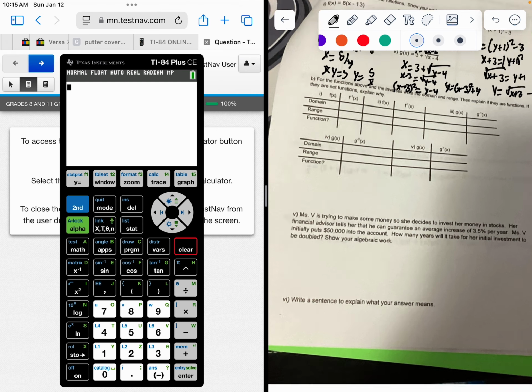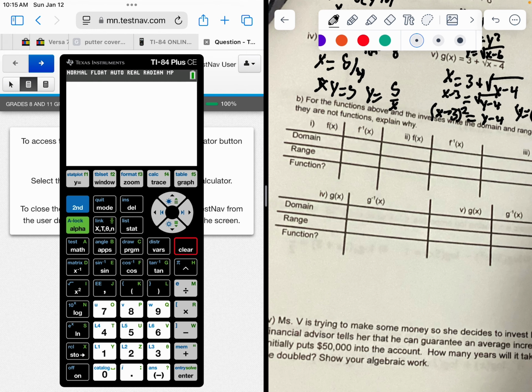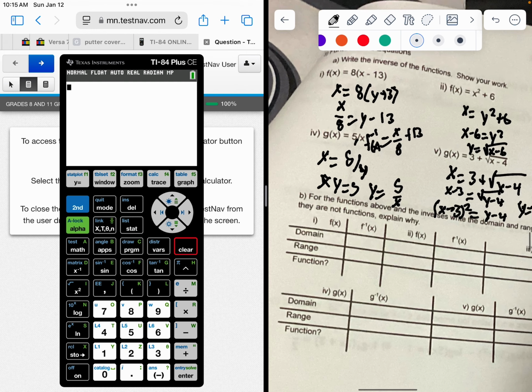Alright. First one, f of x. This one, we're going to type in x divided by 8 and then plus 13.